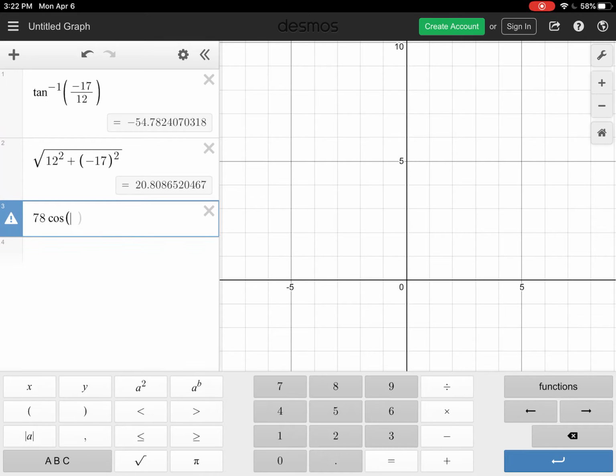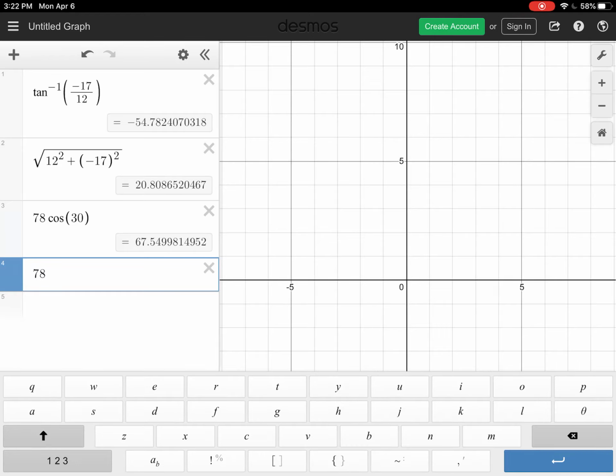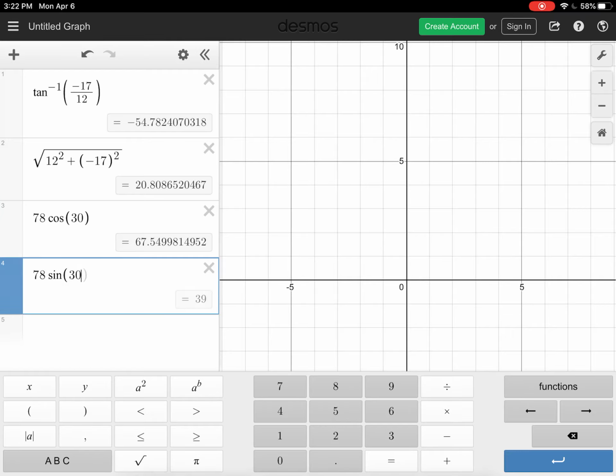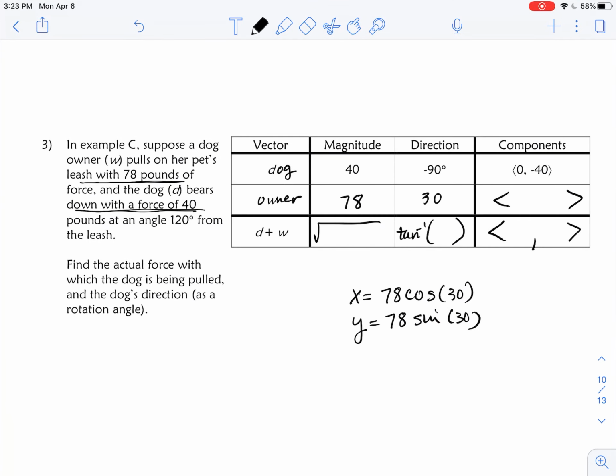Okay, so we have 78 times cosine of the angle, and we have 78 times sine of the angle. Okay, so those are the components of the owner. So it's about 67.5 and 39.